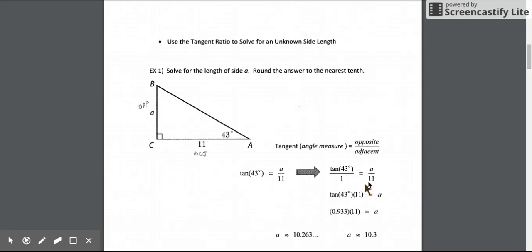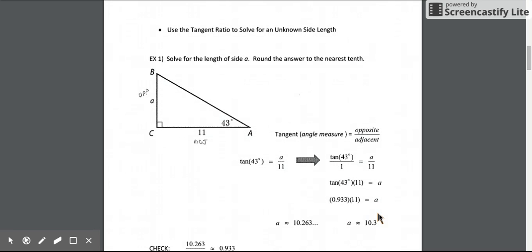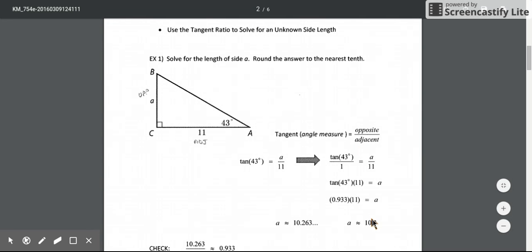So that's saying that some number divided by 11 should be 0.933. We're using this proportion to figure out what it is. If we multiply 11 by 0.933, it should give us the A value. And it gives us a decimal that doesn't stop or terminate, so we can round it to the tenth spot, or really to anything that the question is asking.